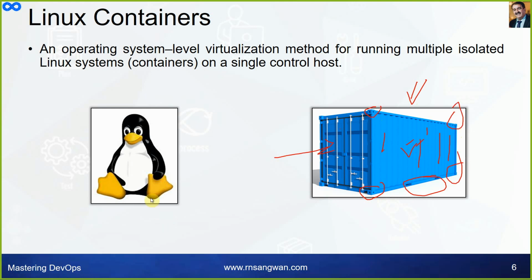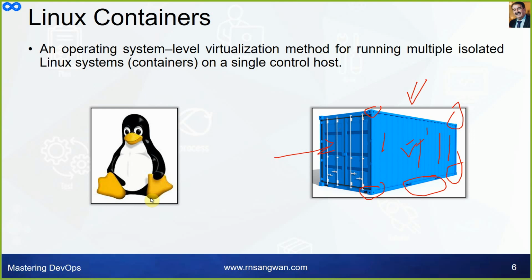In containers also, every aspect of a container is governed by standards. And also isolation, because whatever you put inside this container will remain isolated from the rest of the world.